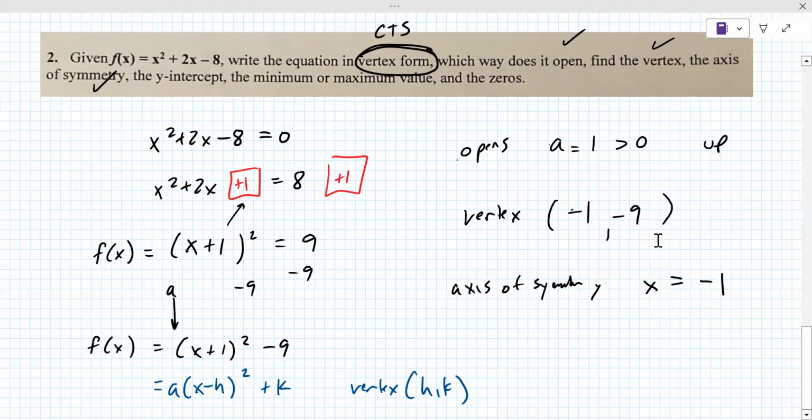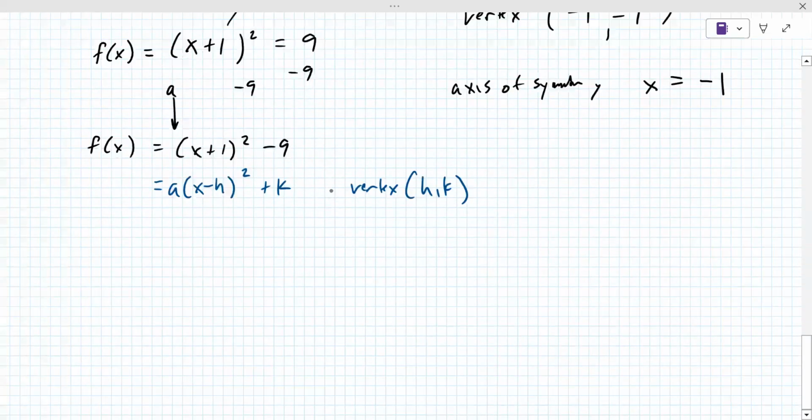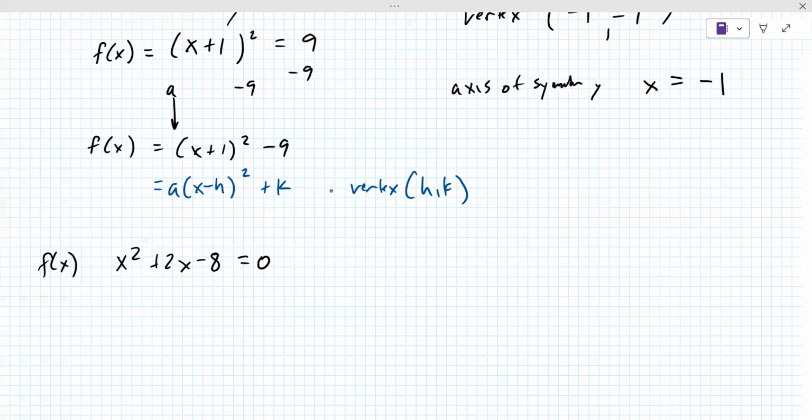Okay, the y-intercept and some of the other stuff we haven't really addressed, but some of the stuff is easier to find, comes better from the original. So the y-intercept is probably easier to find from the original because the y-intercept is when x equals 0. And that means you're putting 0 in for x.